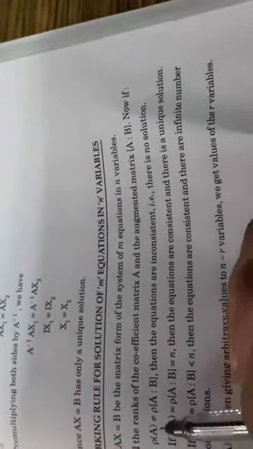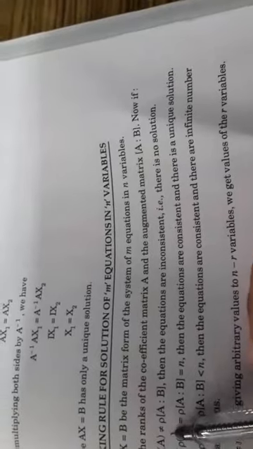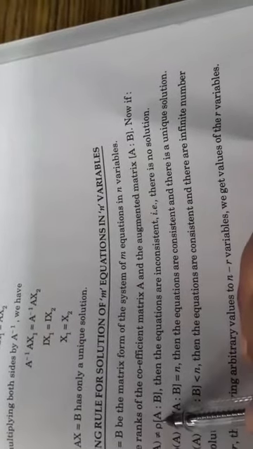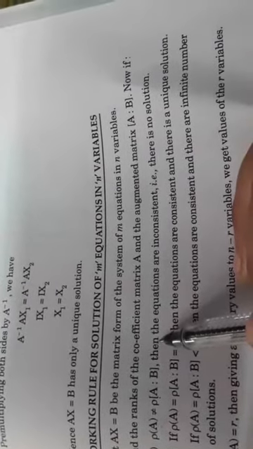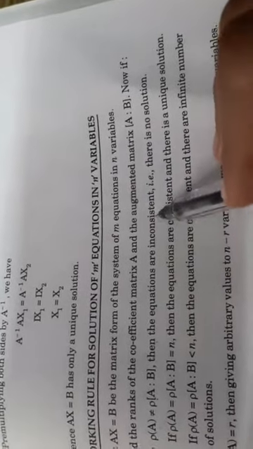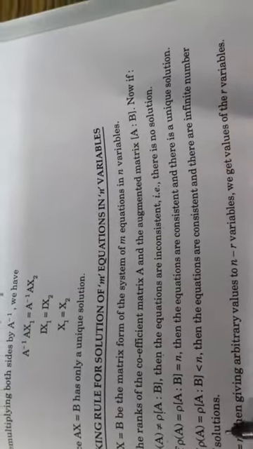After converting the matrix A augmented B into row echelon form, first we check the rank of matrix A and the rank of A augmented B, and after that we will discuss the working rule. If the rank of A is not equal to the rank of A augmented B, then the given system of equations is inconsistent and has no solution.